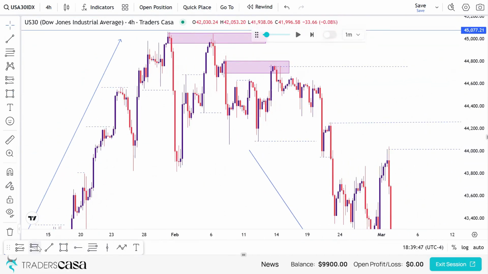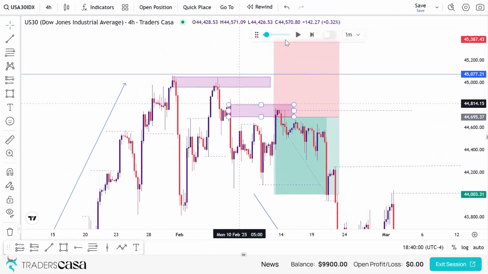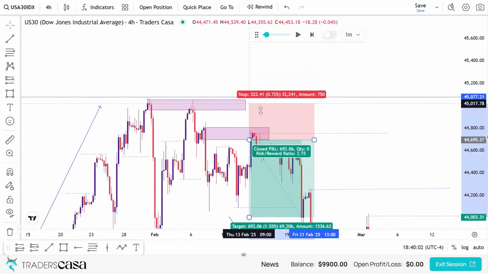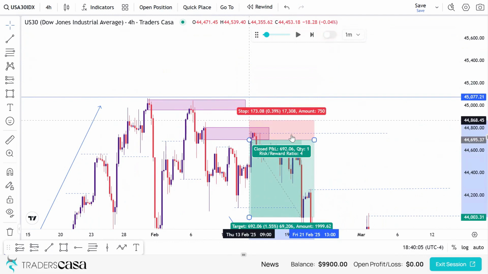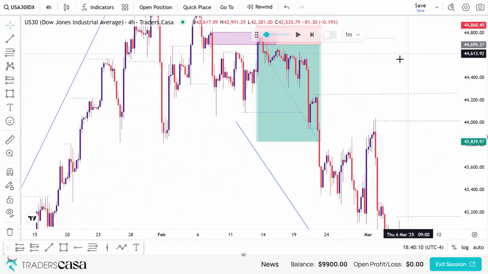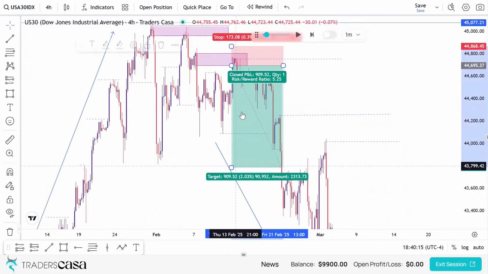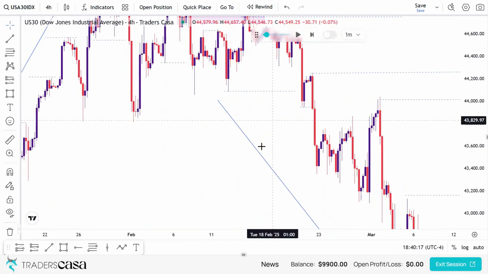So market sold off from the order block. So stop loss above the order block. Take profits below this low. So this was this sweet 5RR.